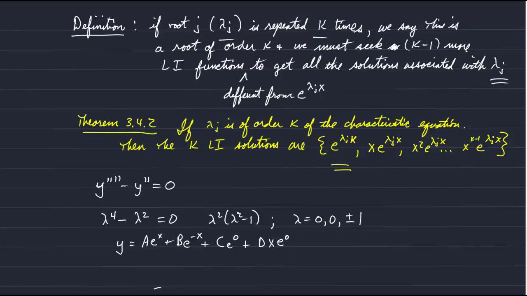Again, we had one repeated root here, and so we have e to the lambda x, and then we have x times e to the lambda x as part of the solution. And of course, that could be written as a e to the x plus b e to the minus x plus d x plus c. And this is our full general solution to this fourth order ODE.